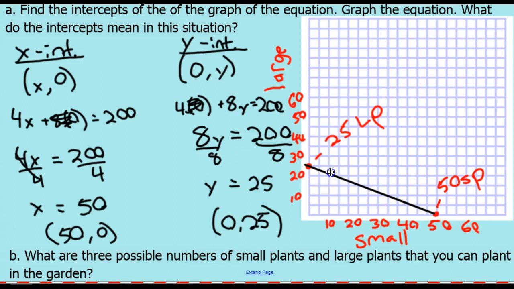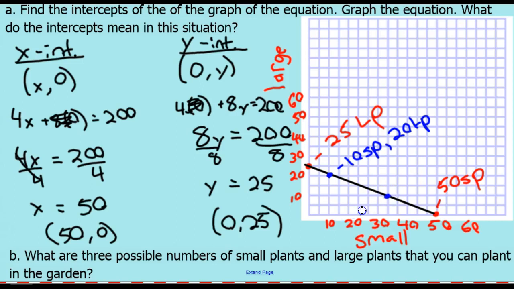Looking at 3 other solutions though, looks like we have a point here. That could be 10 small plants and 20 large plants. Looks like we could have another point here.